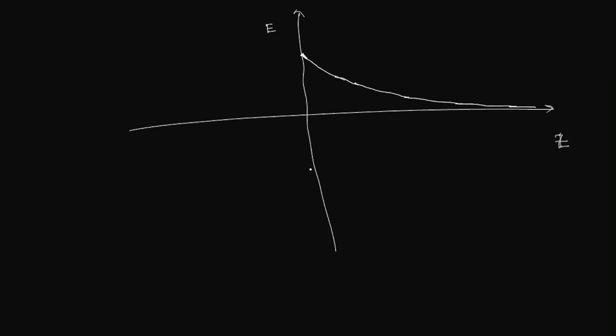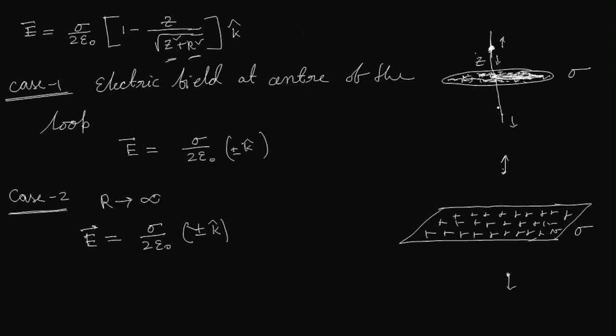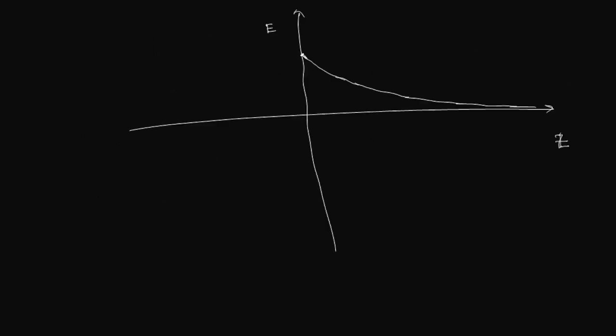And on the other side, when z is negative, that is on the bottom side of the loop, the variation will remain the same, only the direction will change. So we have to draw the electric field like this.